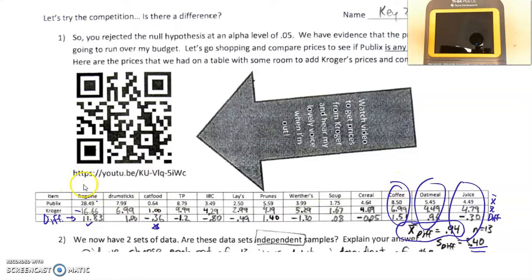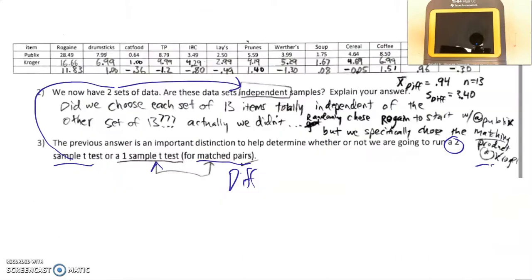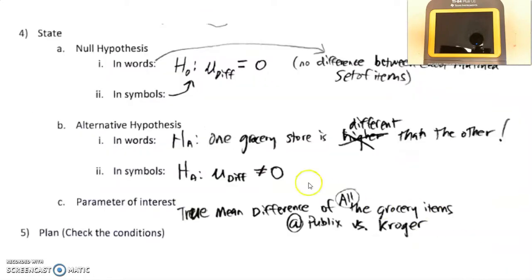Like on the Tough Mudder thing, we got Joe before the training and after the training. Well, Joe was matched up with Joe, and so we were interested in the difference, and that was a 1-sample t-test with matched pairs. Okay. Pretty big deal if you can't tell.